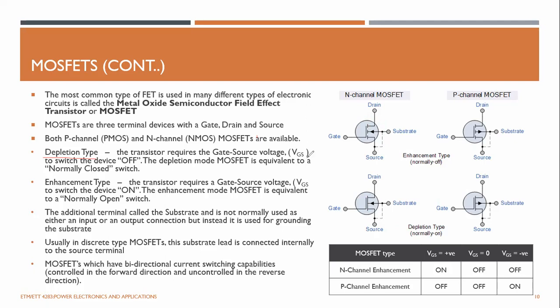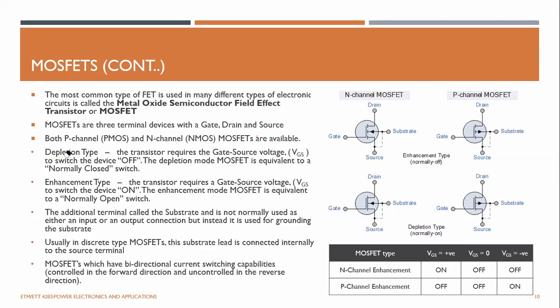The difference is that the depletion type requires a gate voltage to switch the device off, which means that naturally, if there's no signal, the transistor is on. By providing a gate signal, you can turn off the device. It is like a normally closed switch.